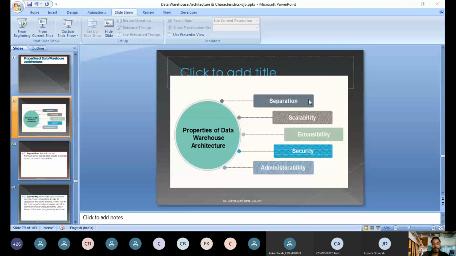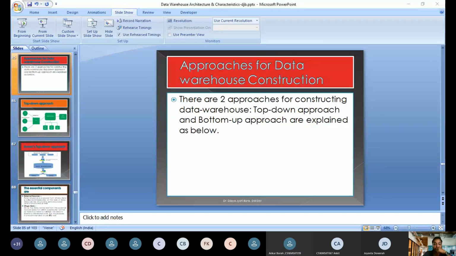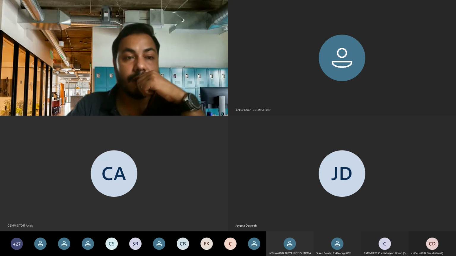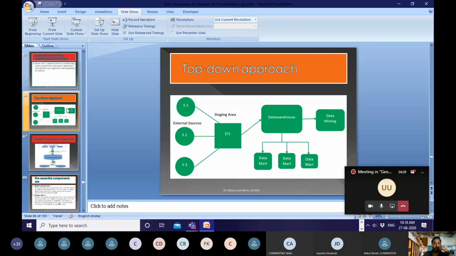I think again the university network problem. I need to connect it to my... Just a minute. Now is it visible? Yes, sir. It's visible now.